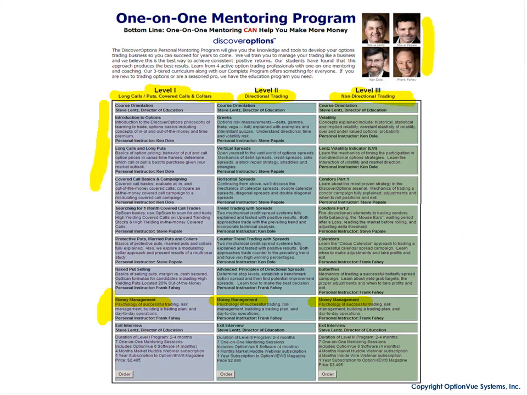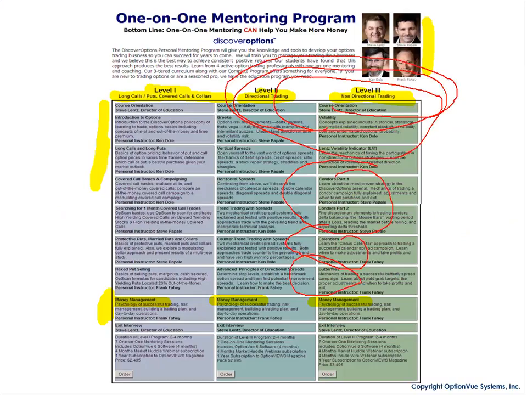That's what level 3 is all about for us. Level 3: condors, calendars, butterflies. You have to know how to adjust those positions. If you don't know how to adjust, you're just going to put them on and wake up a few days later or a few weeks later, and you're going to fail.